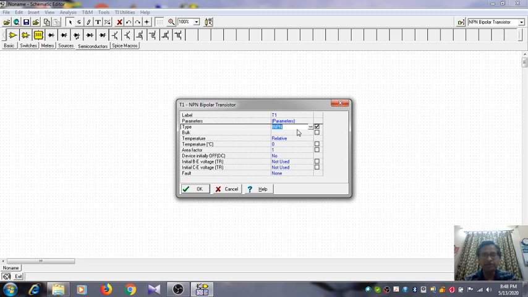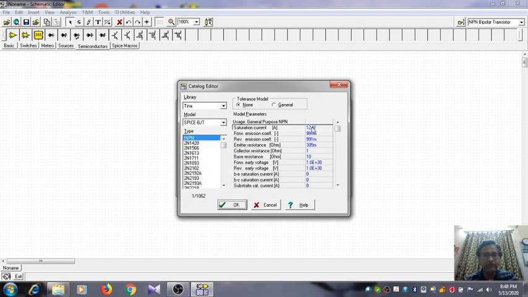Going to the generalized NPN, we find that here all the 2N varieties are there. BC547, it is there. Yeah, so here we have got various varieties, BC547, BC547A, BC and so on.